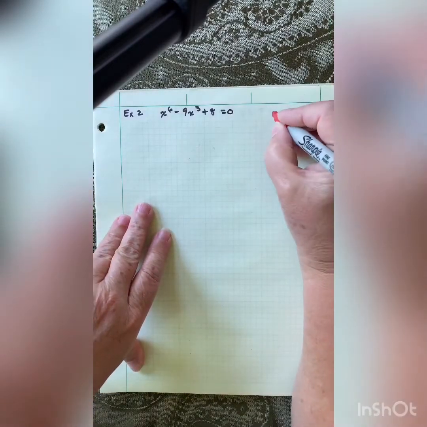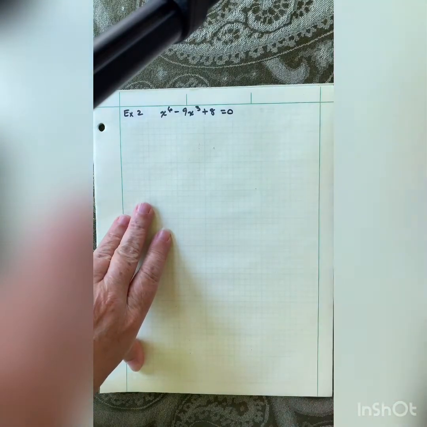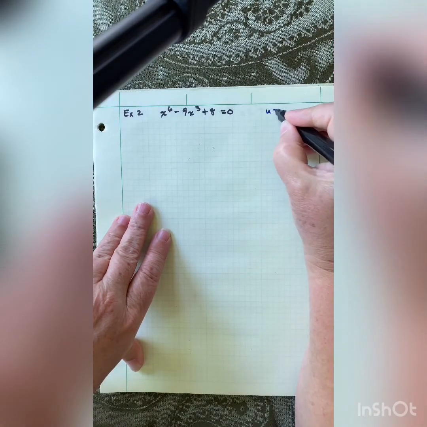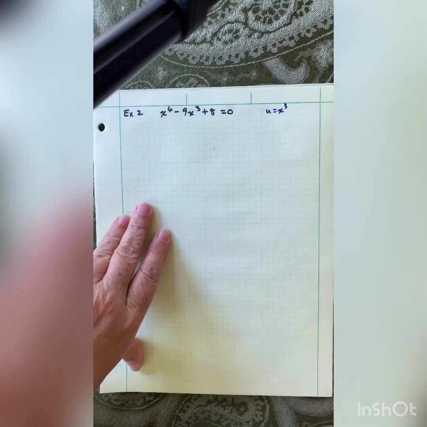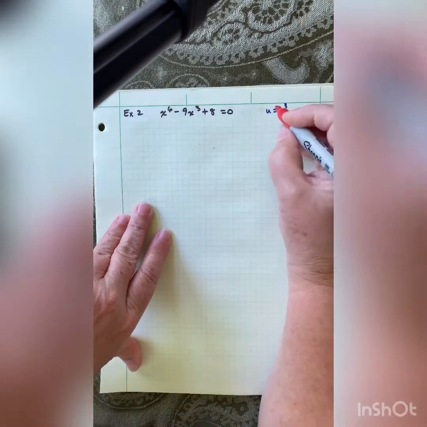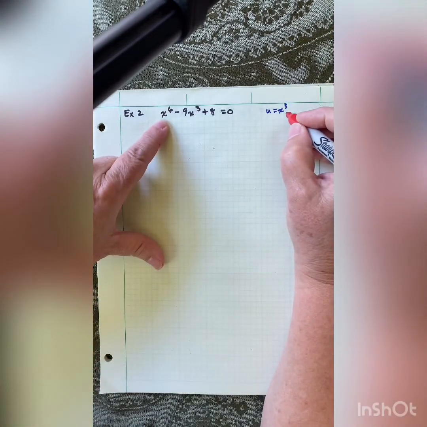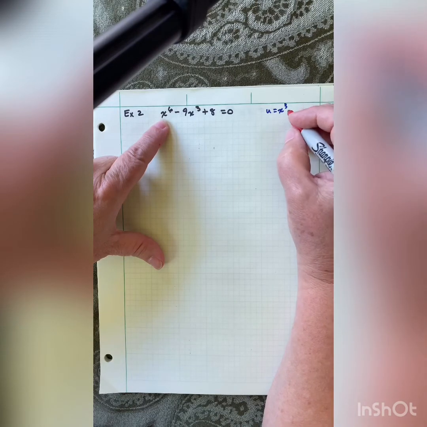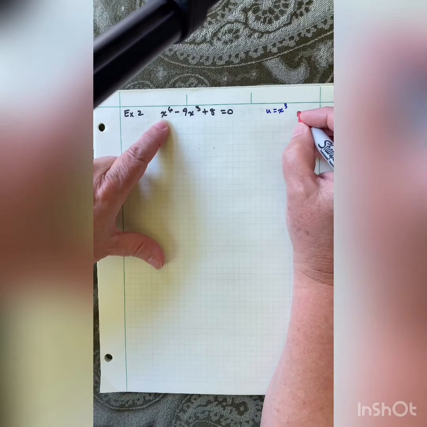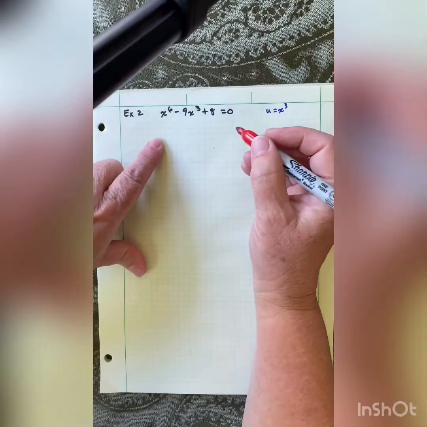So my u is going to be whatever that middle one is. So the middle one is an x cubed. Okay. So this really is x cubed squared. All right.